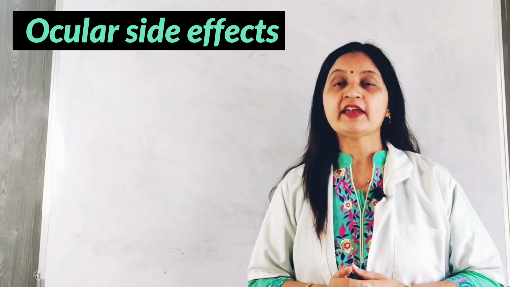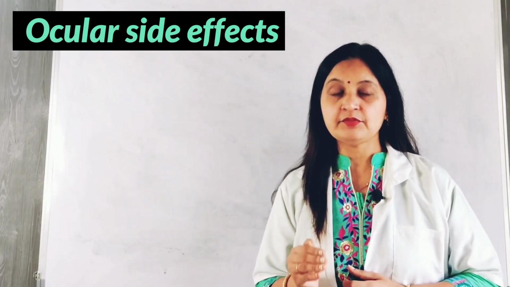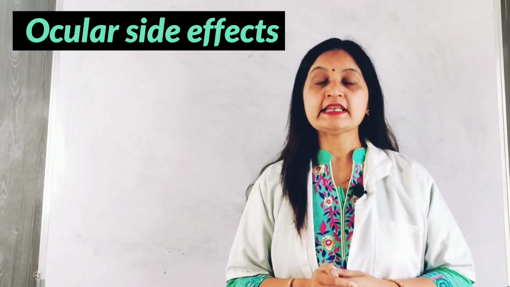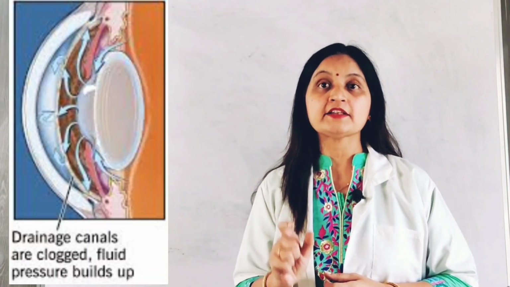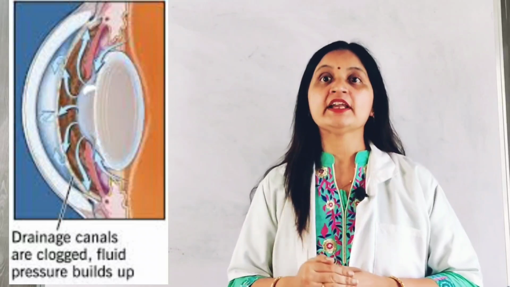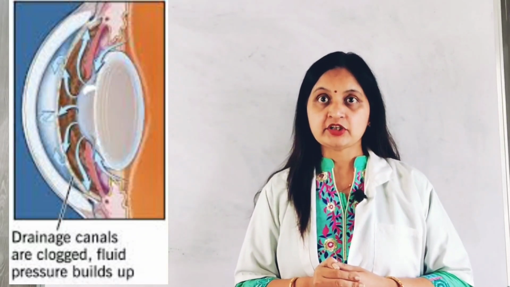The ocular side effects can occur irrespective of whether the drug is administered systemically or locally. One of the side effects of steroids is the rise in intraocular pressure, and this occurs because of alteration in mucopolysaccharides of the trabecular framework, and this prevents drainage of the aqueous humor, leading to a rise in intraocular pressure.